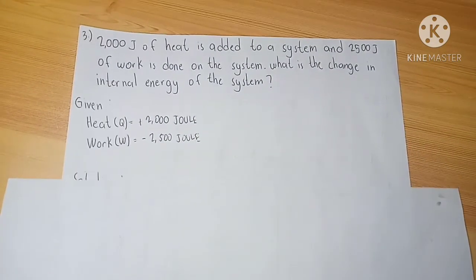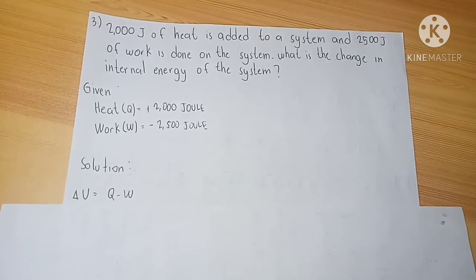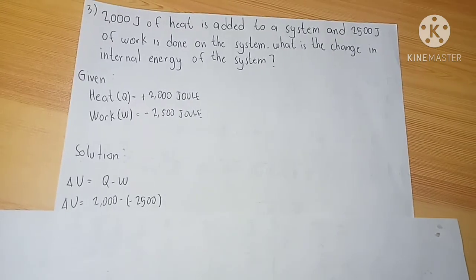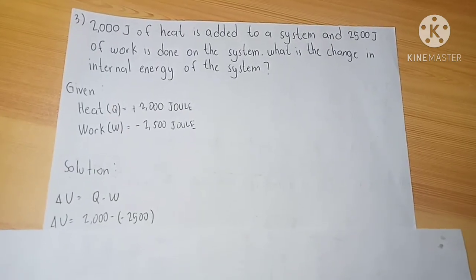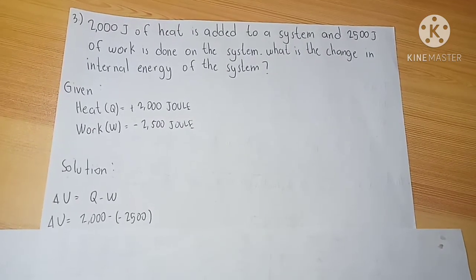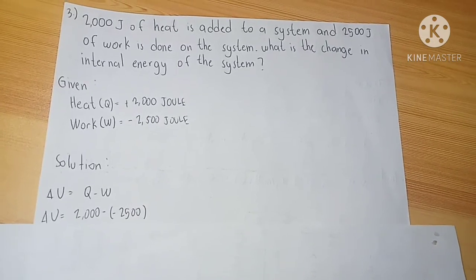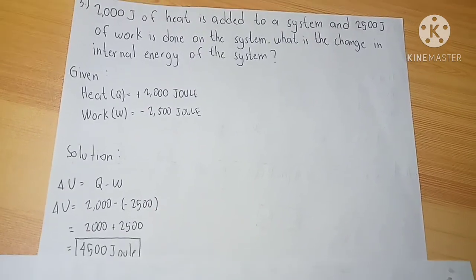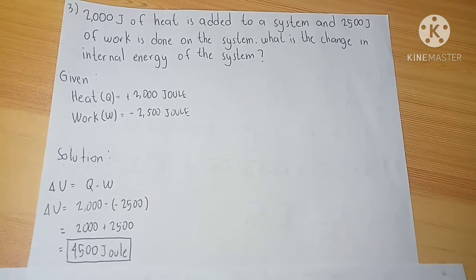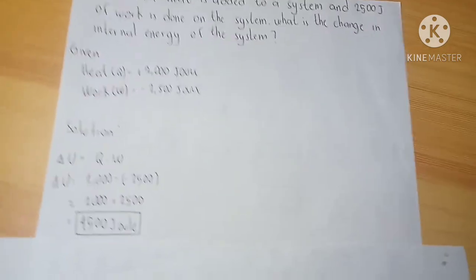So we simply use the formula, which is delta U is equal to Q minus W, and we simply substitute the values. So delta U is equal to 2000 minus negative 2500 is equal to 2000 plus 2500 is equal to 4500 joules. So that's how you get the internal energy of the system.